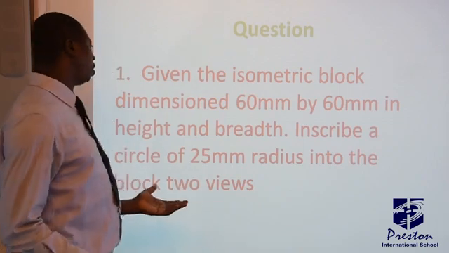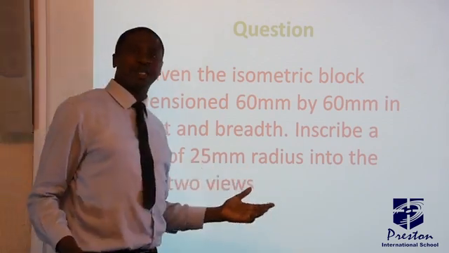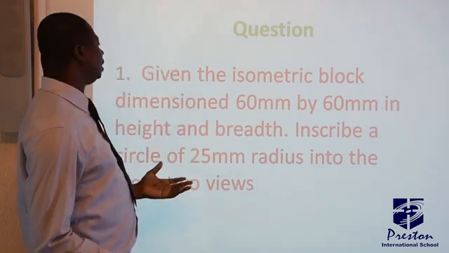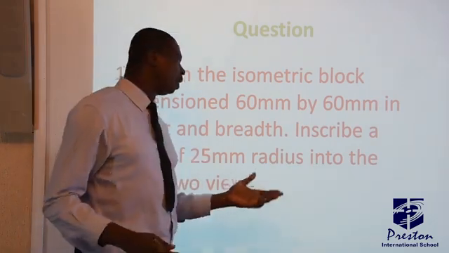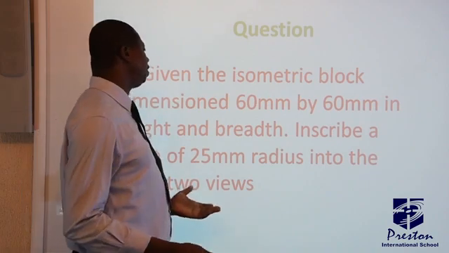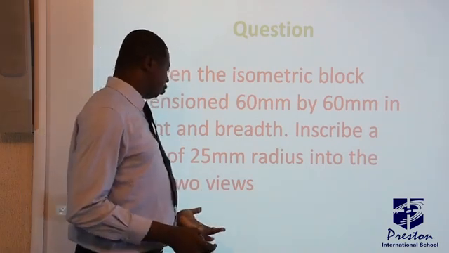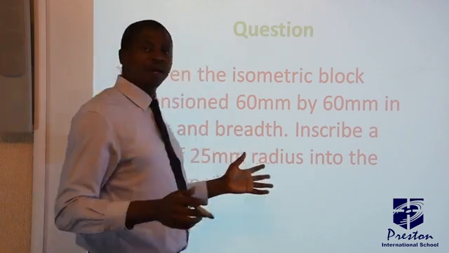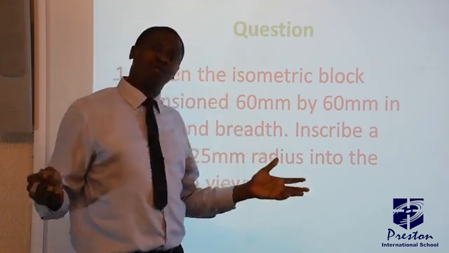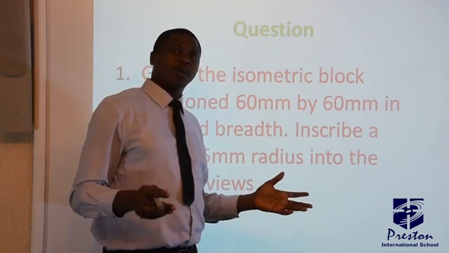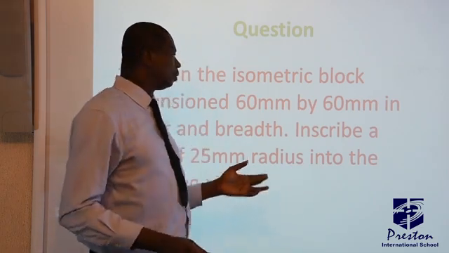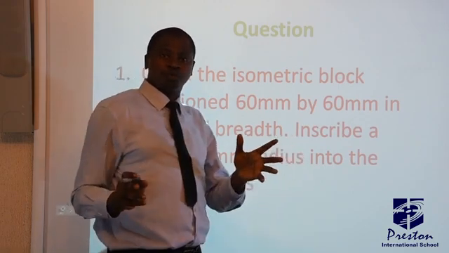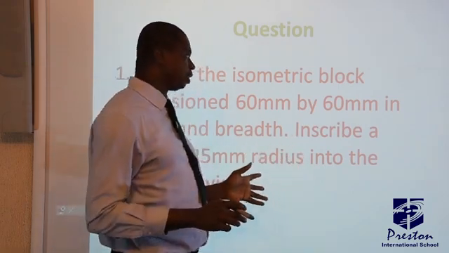Given the isometric block dimension 60 mm by 60 mm in height and breadth, we're asked to inscribe a circle of 25 mm radius into the block, two views. So I'm going to draw a box having three views, that's a 3D shape, where we're going to inscribe two circles into two views of the block using the approximate method.